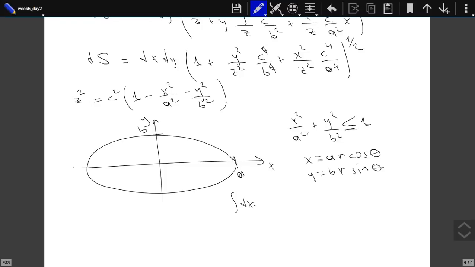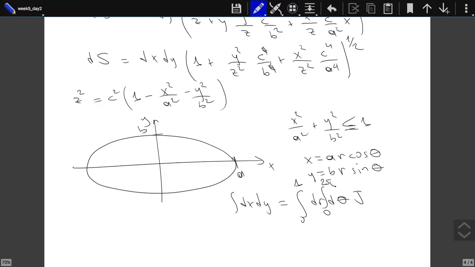The dx dy region will be just dr d theta, but you will have the Jacobian of the transformation. But the nice thing is r will go from 0 to 1, theta will go from 0 to 2 pi. They will be independent of each other.